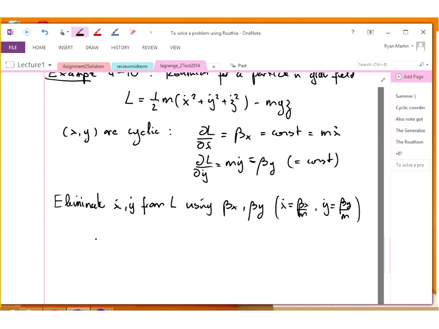So the Lagrangian with those replacements, L is equal to a half m, then we have beta x squared over m squared plus beta y squared over m squared plus z dot squared minus mgz.